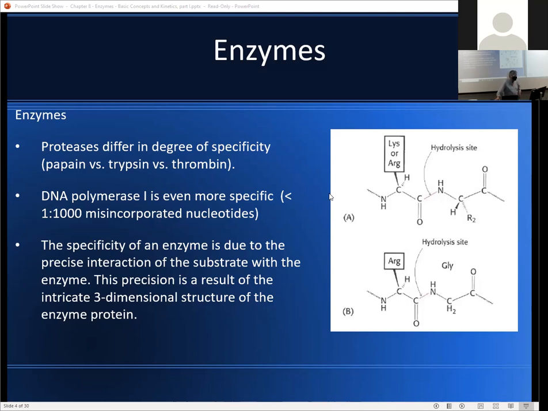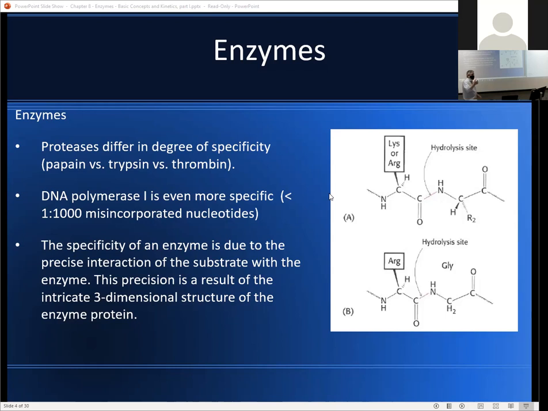DNA polymerase 1 is even more specific. We only get less than 1 in 1,000 misincorporated nucleotides. DNA polymerase 1 is involved in replicating DNA. Replication of DNA has to be very high fidelity, right? Because every time we misincorporate a nucleotide, that could lead to a mutation.